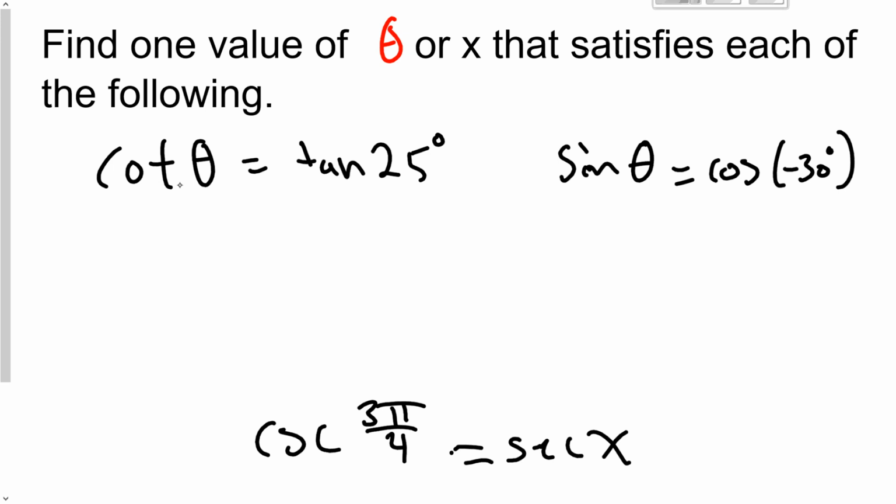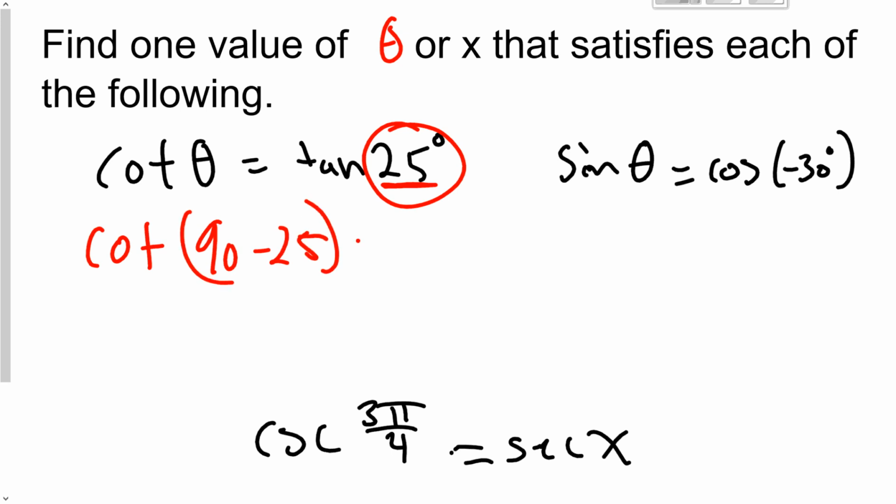So if cotangent of theta is equal to tangent of 25, then we can use this identity of cotangent of 90 minus our angle. So cotangent of 90 minus the angle that we're given at 25 will equal tangent of 25.